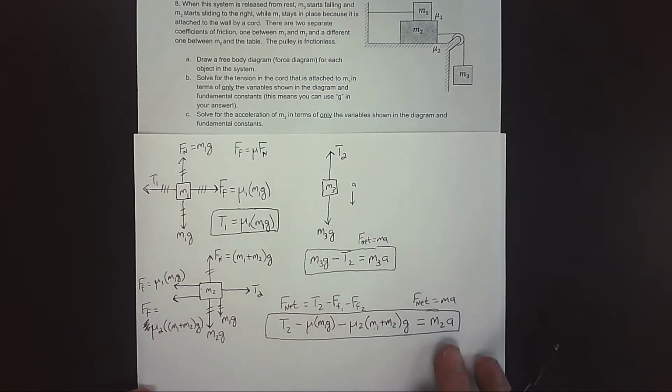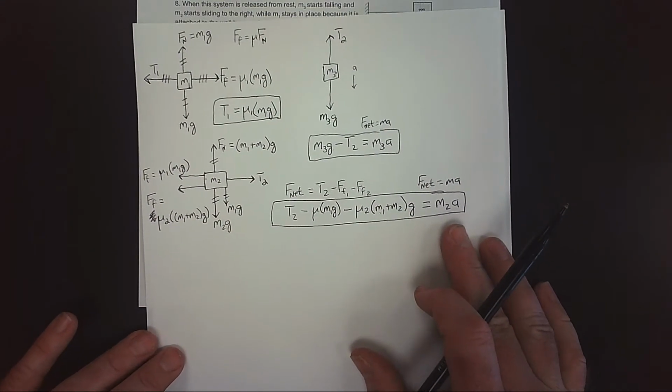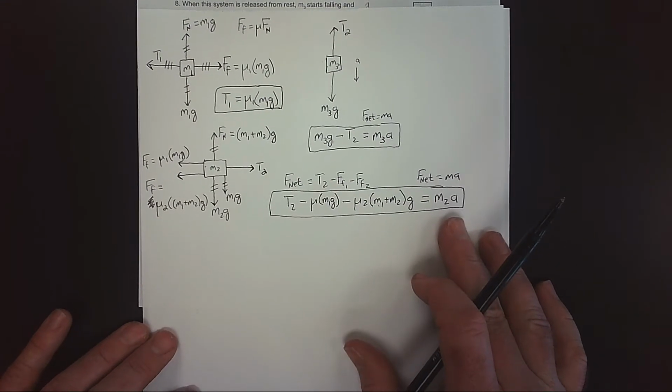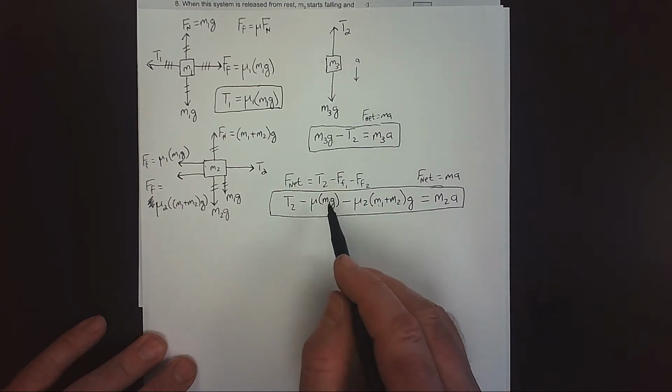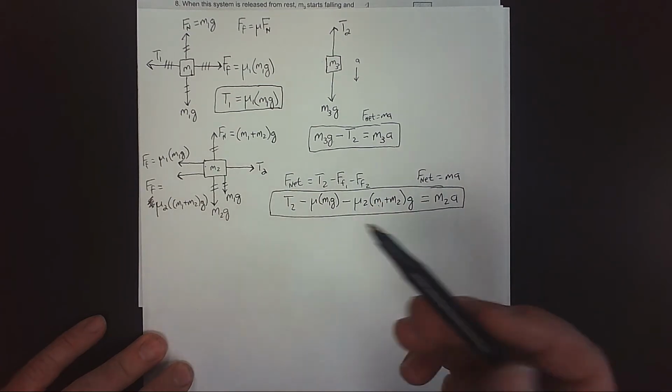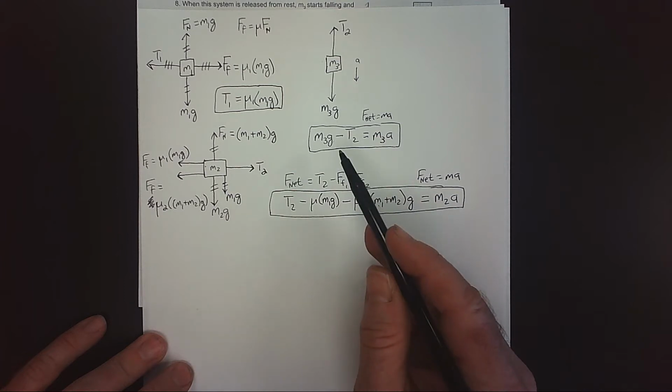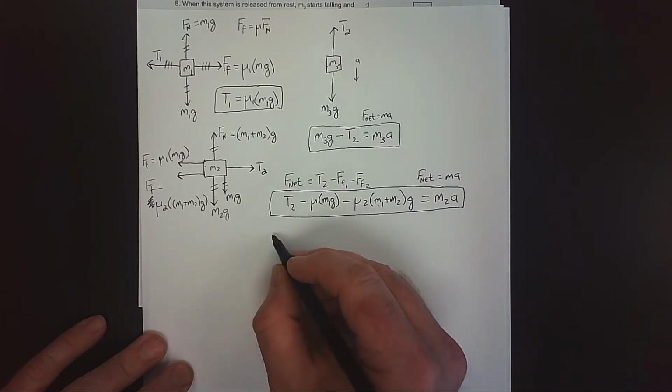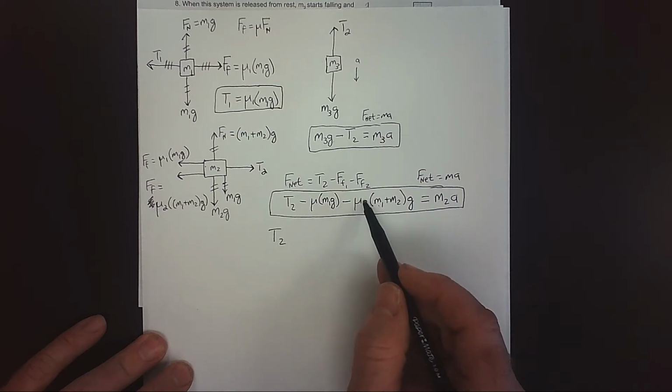And so what I'm going to do, let's slide this up a little bit. Hopefully you have the problem still in front of you. I'm going to rearrange this for t2, and I'm going to substitute it in here for t2. And that way I can get rid of t2 in my problem. We do this a lot in physics. We take one equation and sub it into the other. And so if I rearrange this, basically I'm just going to move these two terms to the other side.